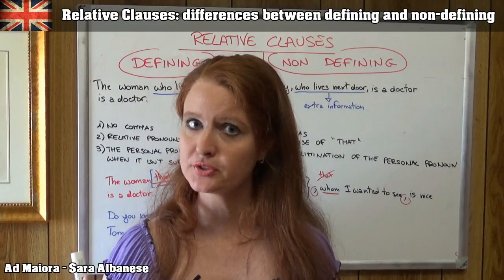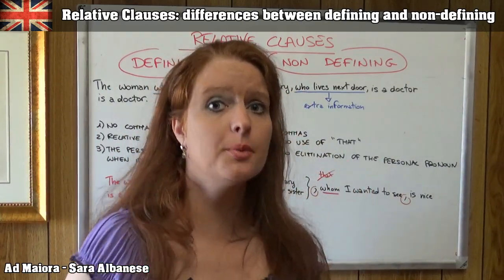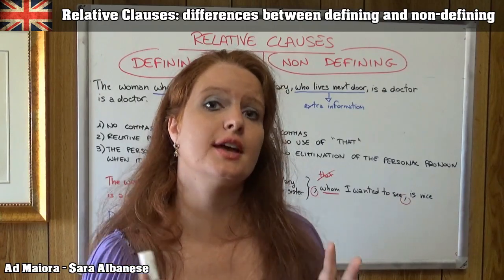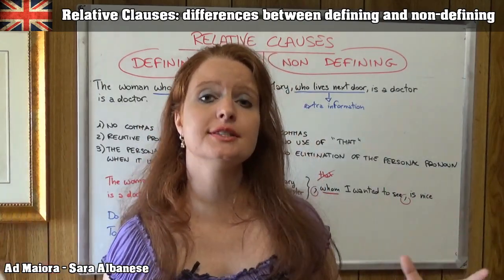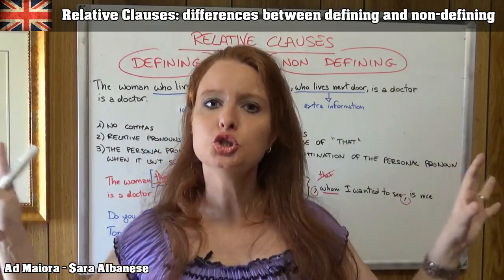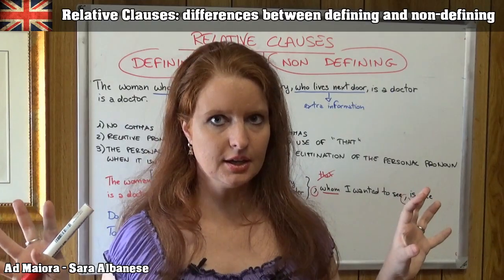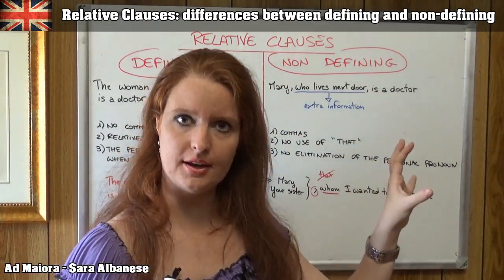So relative clauses are clauses that give us some information about one element of the sentence before, okay? And relative clauses can be divided into two groups in English: defining and non-defining.